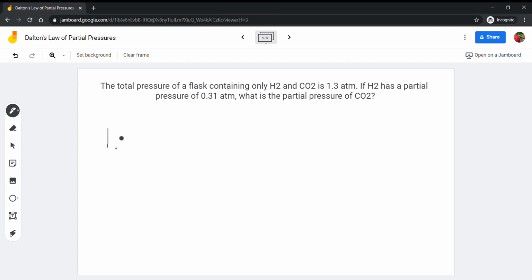So 1.3 minus 0.31, because this is the partial pressure of H2, and in order to find the partial pressure of CO2, all we have to do is subtract the partial pressure of H2 from the total pressure. And so this is a fairly simple problem. We don't even need a calculator for this. It's just going to be 0.99 atm.